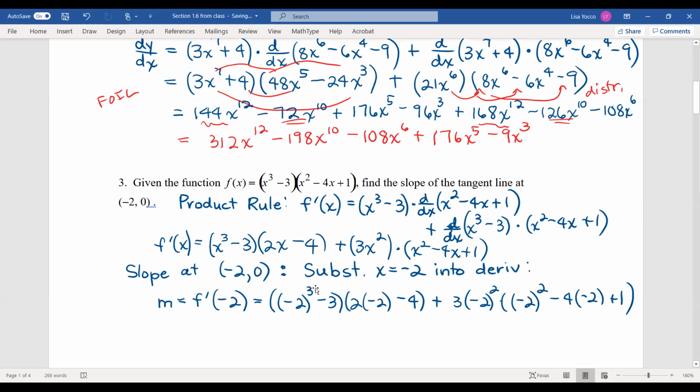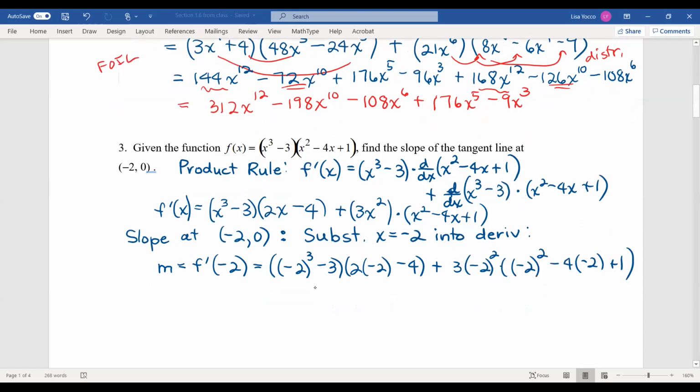All right, now we're going to take care of all the exponents. -2 cubed is -8. In the next set of parentheses, 2 times -2 is -4.